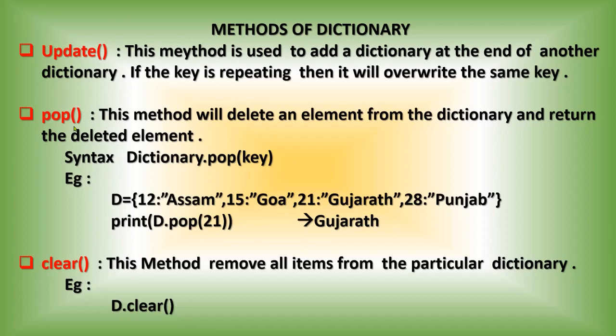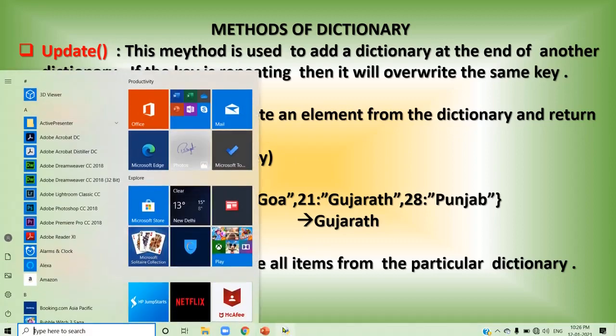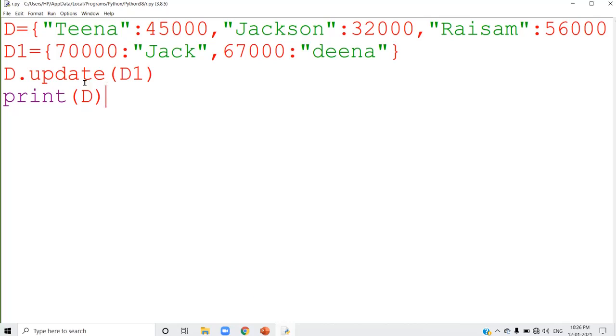Try out that one. I'll write it here: print D dot pop of Jackson. So that particular key and value will be removed.